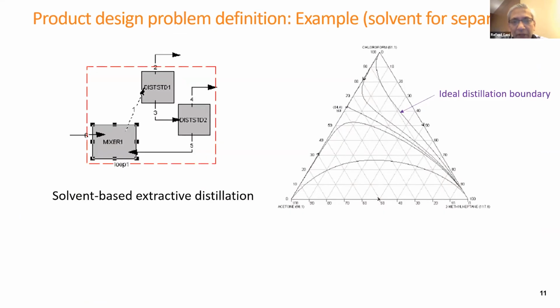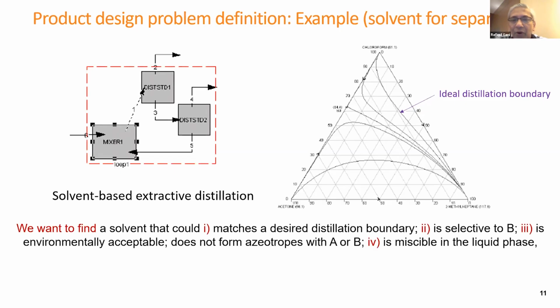The solvent should be able to separate A from B, let's say, and A, B forms an azeotrope. So B is the product we want to get. So what the solvent should do is to be able to have a distillation boundary as high as possible and should extract B with the least amount of solvent needed.